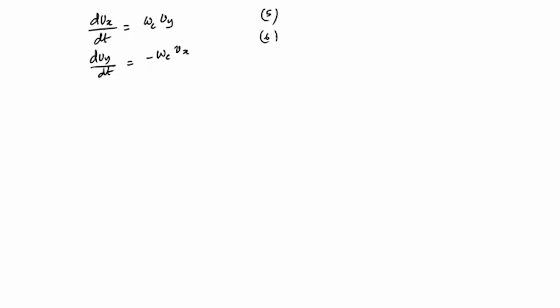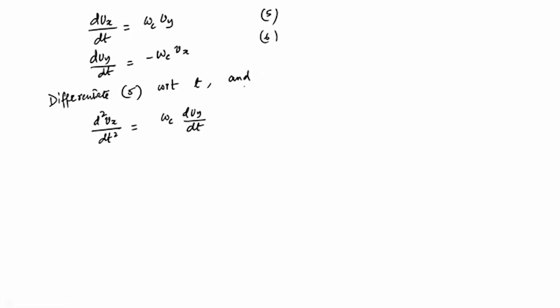So, these coupled equations need to be solved, and what you do is differentiate 5 with respect to t, one gets d2Vx/dt2, which is equal to omega c, which is a constant because it is a constant magnetic field, and omega c depends only on B. So, from 6 one can use this relation dVy/dt equal to minus omega c Vx.